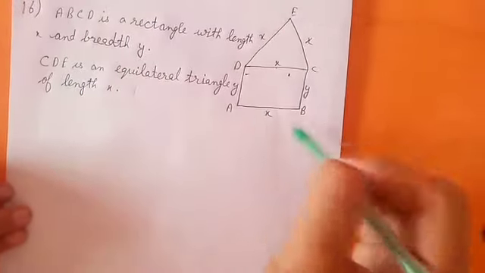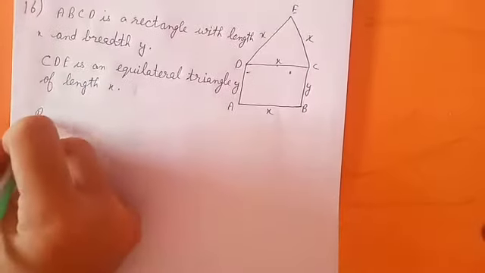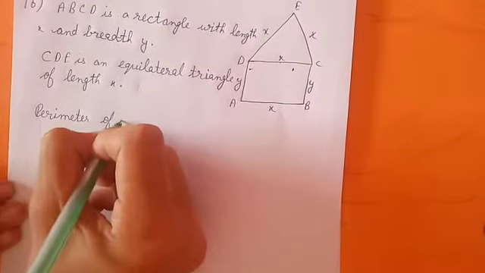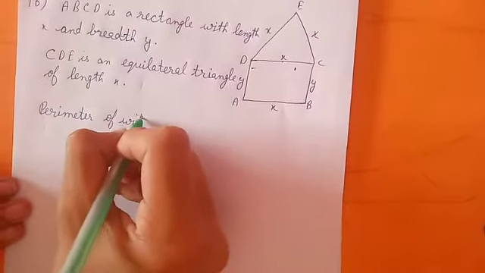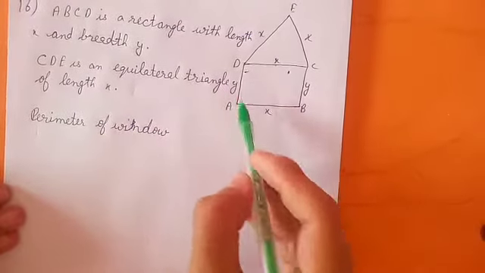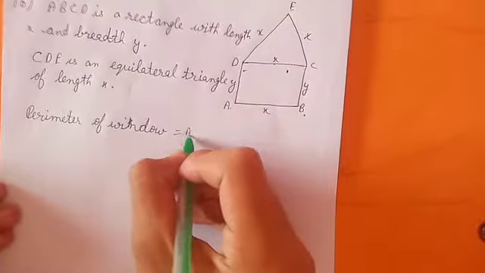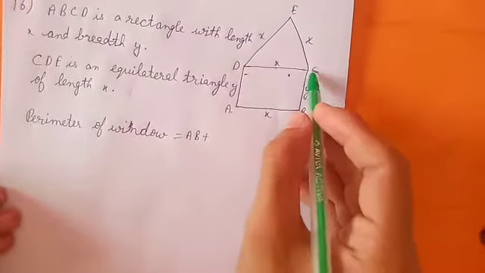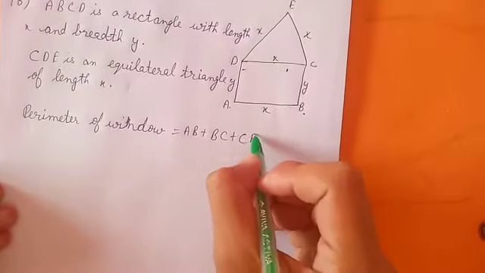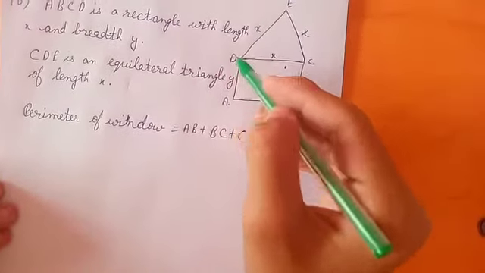Now the total perimeter of the window is given. So what will be the perimeter of this window? Perimeter of the window will be AB plus BC plus CE plus ED and DA.